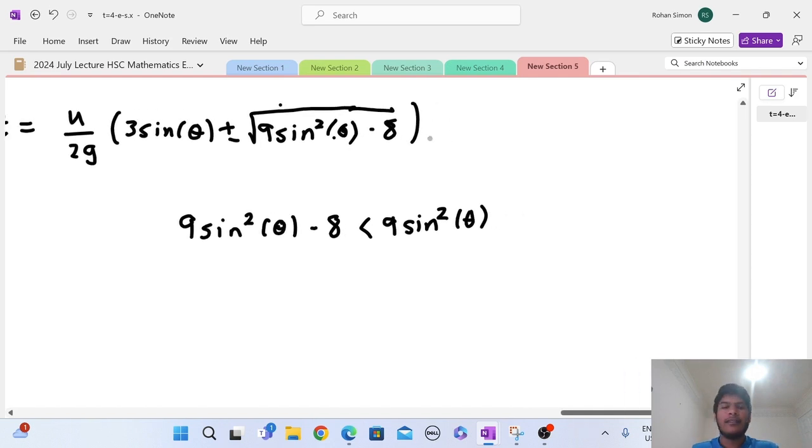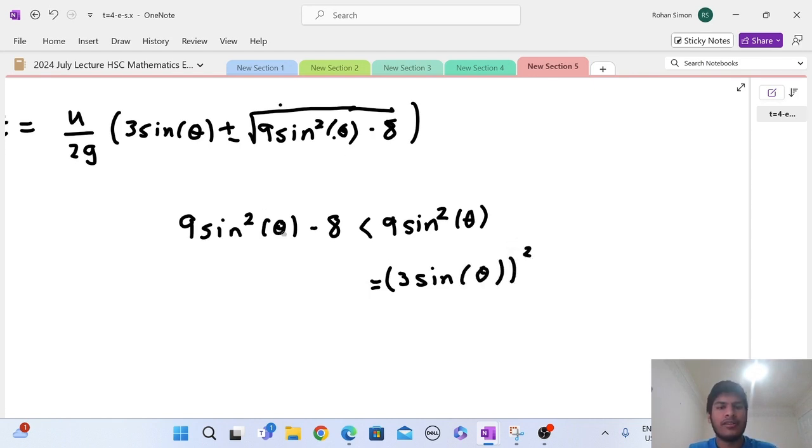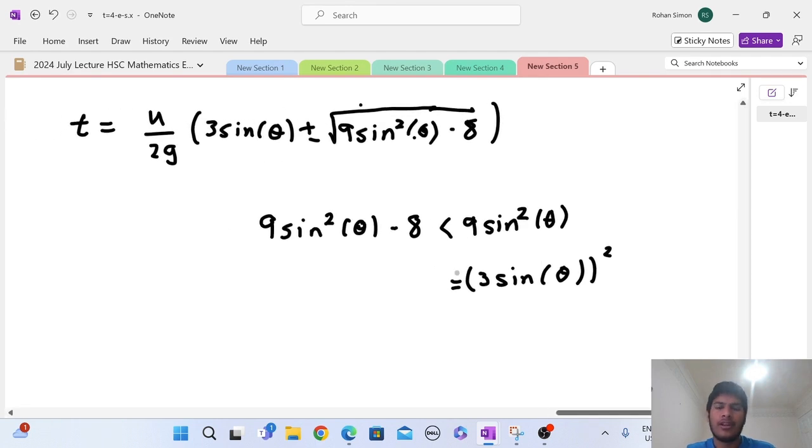And that is equal to 3 sine theta squared. So once we square root that, we're effectively subtracting something that's smaller than 3 sine theta from 3 sine theta. So that means that we're going to end up with a positive value.